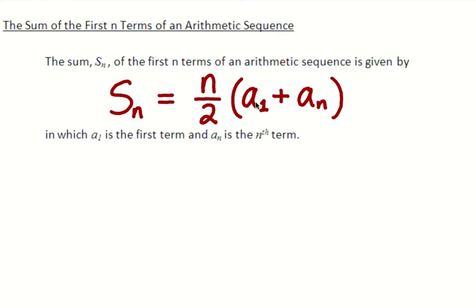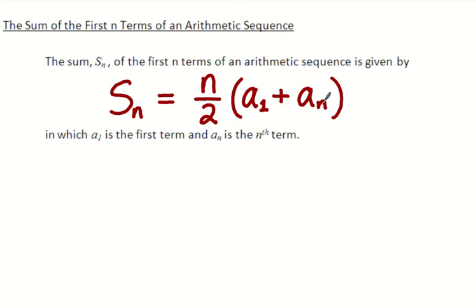A sub 1 is obviously the first term. A sub n is going to be what, people? What are we going to plug in for a sub n? Let's say we're finding the sum of the first 50 terms. Then n is 50, so that would become a sub 50.